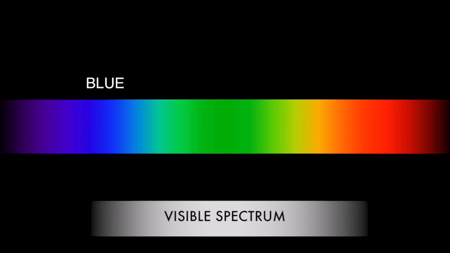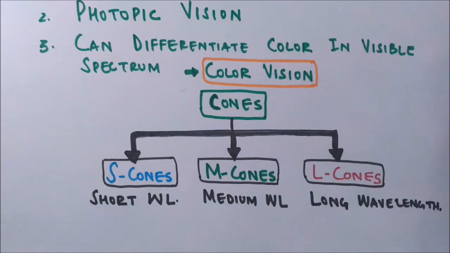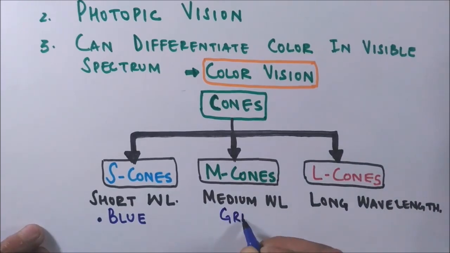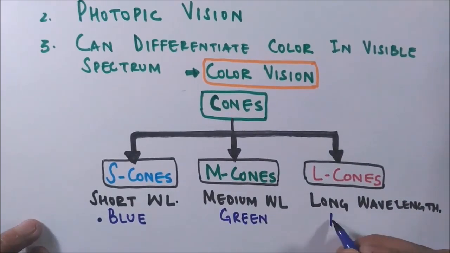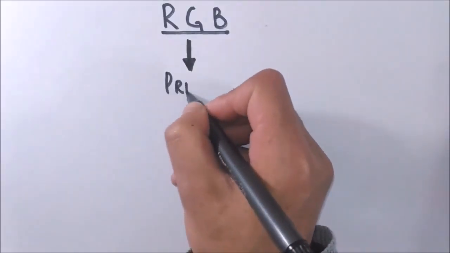These three colors are mainly identified by the cone cells, and we can remember it by RGB, that is red, green and blue. The S cones detect the short wavelength, that is the blue colors. M cones detect the medium wavelength, that is the green colors, and L cones detect the long wavelengths, that is the red colors.